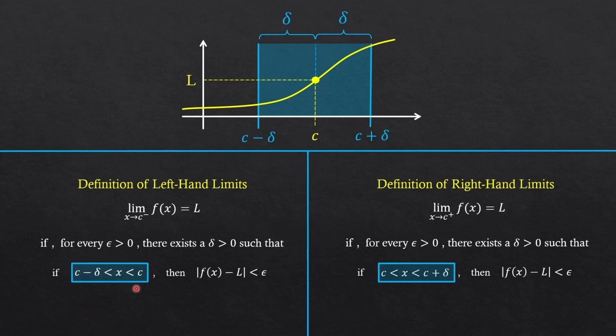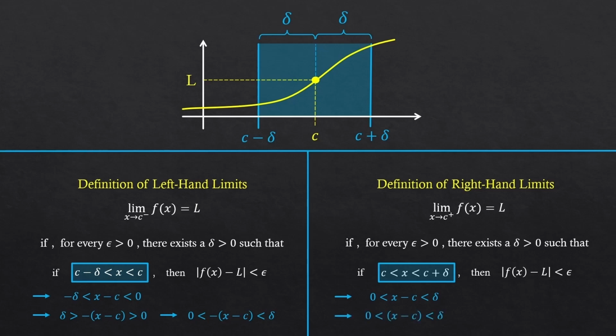Now, going back to this left-hand limit, if I subtract all sides by c, it's gonna become this inequality, right? Then if I flip all the signs, I'll have to also flip the inequality sign. Then by just rewriting this, we'll get this. If we do the similar thing on the right-hand limit, so subtract all sides by c, we'll have this.